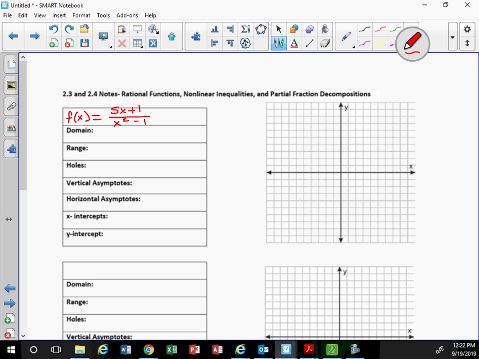All right, guys, are there any holes in this graph? No. Vertical asymptotes. Yes. We have 2 of them. Plus or minus 1. I hate it when they're that close together, but we'll survive.